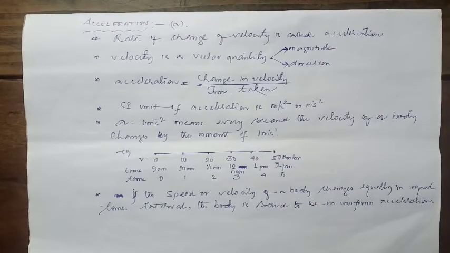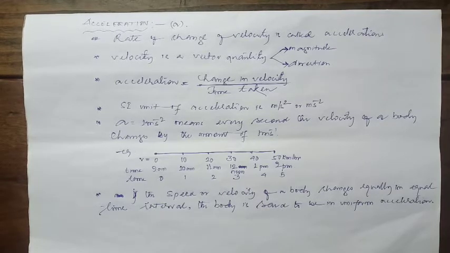Now let's understand, students, what is acceleration? This is a physical quantity. Like we discussed distance, displacement, speed, velocity, these are all physical, measurable quantities. So we have another physical quantity called acceleration. Now the word acceleration is very familiar to us. Suppose you are driving a car.